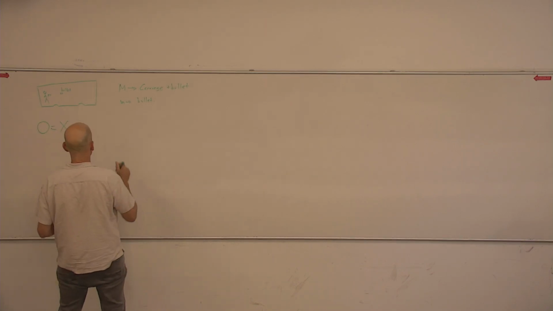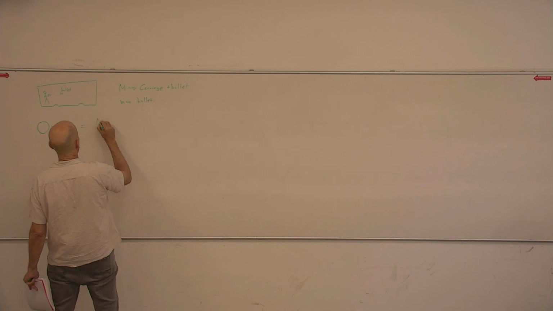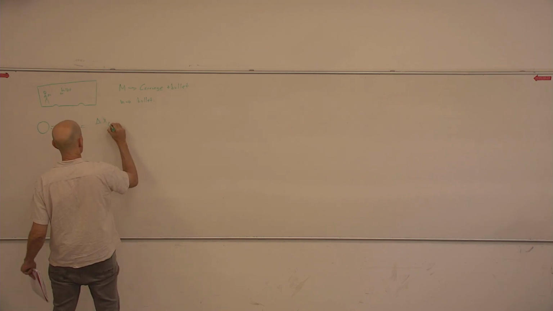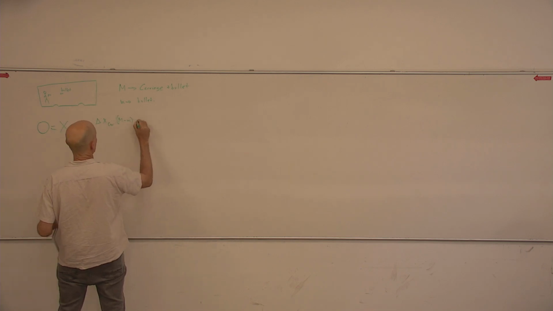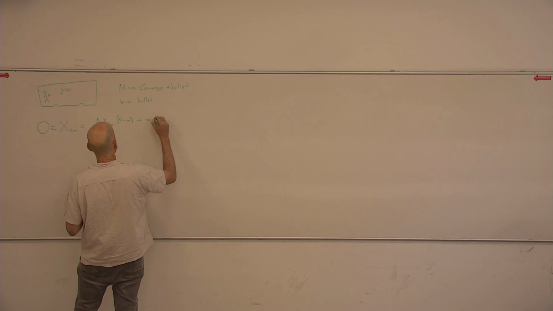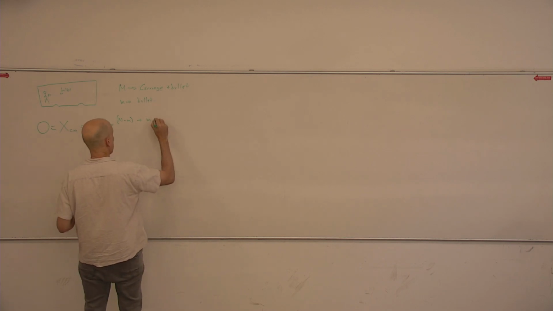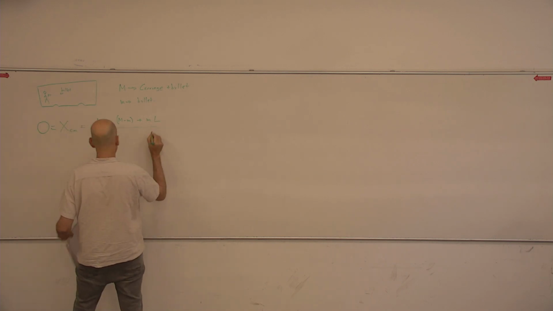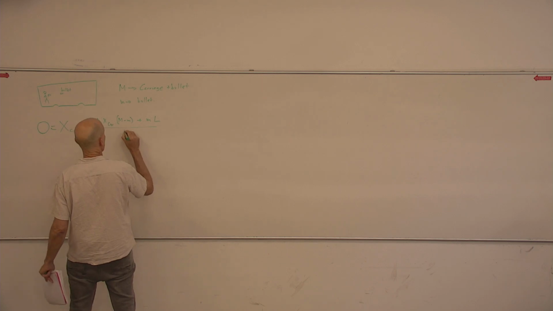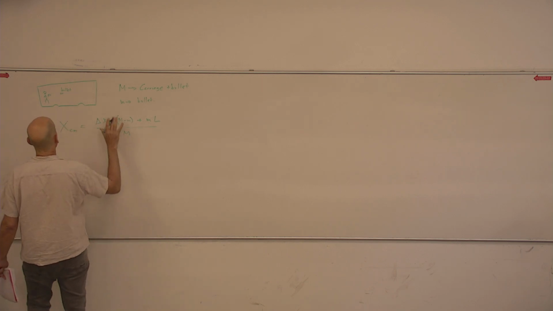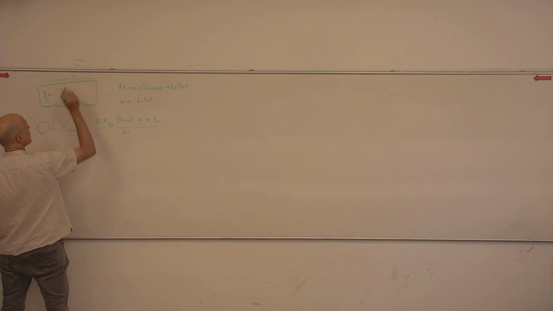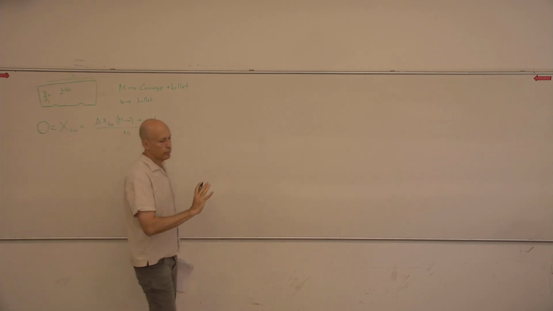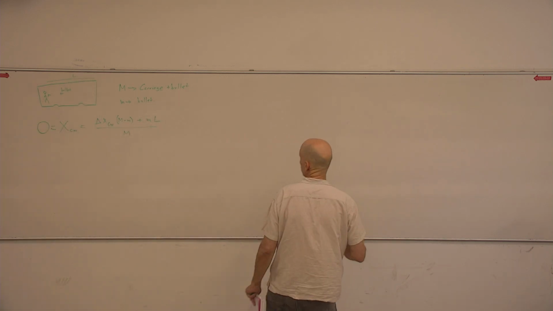Then this is equal to delta x of the carriage, M minus m, plus m times L, I'll soon define L, divided by M. L is simply this distance, how far you move.